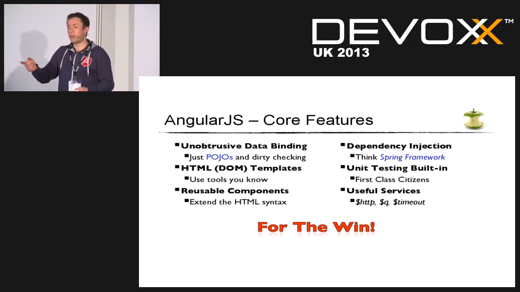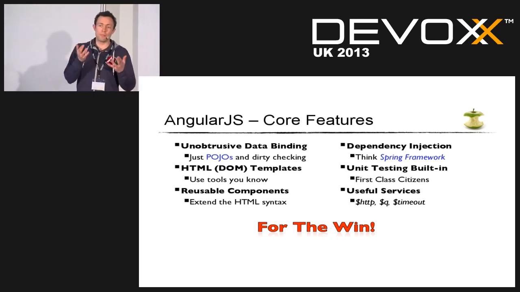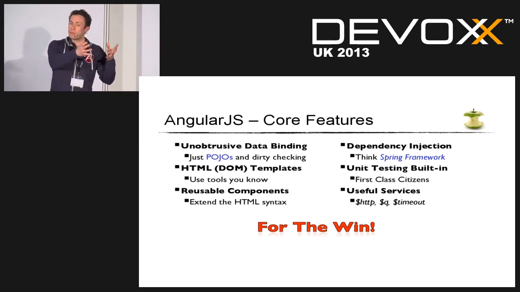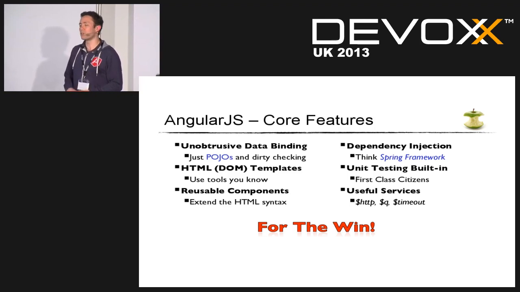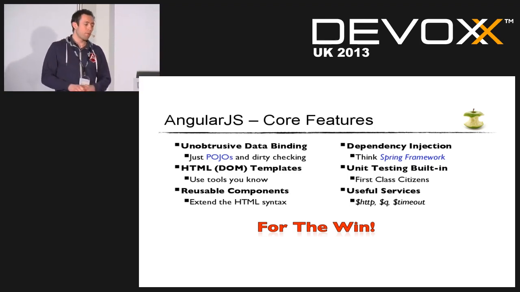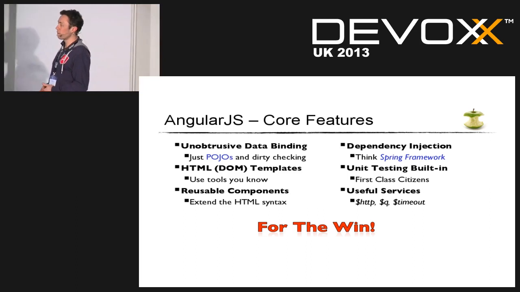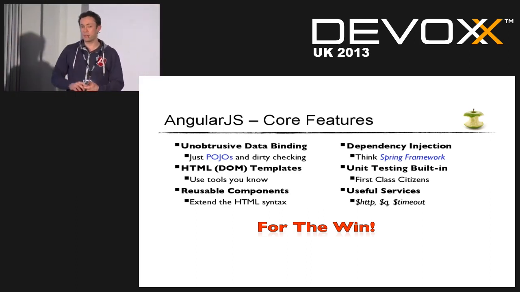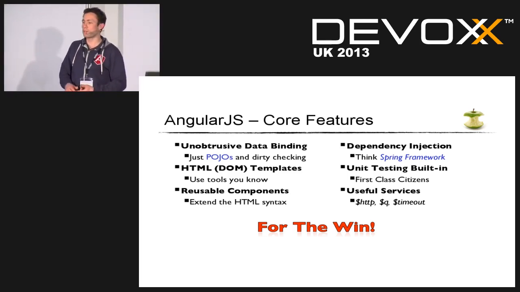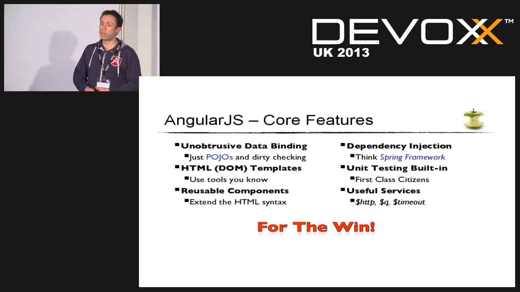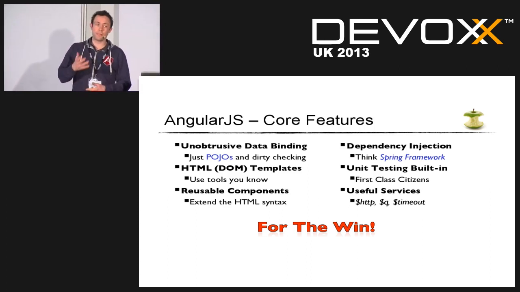But in Angular, we actually have the DOM parsed by the browser itself, and then we take the DOM and use that as our view, as our template, and apply certain compilation to it to add in bits and pieces that we want. What this allows us to do is actually to create our own HTML syntax, which can sit on top of normal or standard HTML elements and attributes, and we can create a domain-specific language for each application that we want to write.